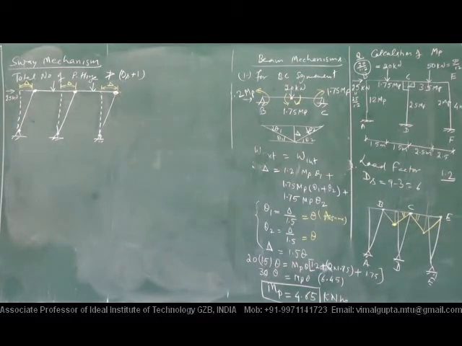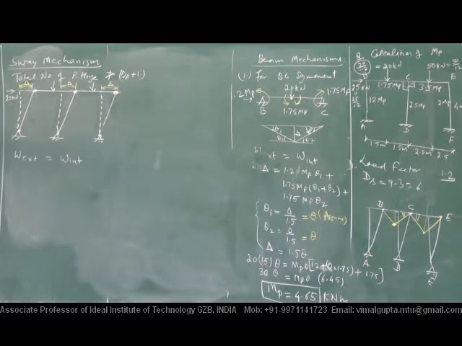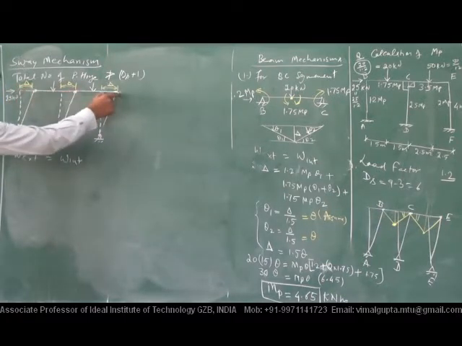Apply equilibrium, apply W external equals W internal. So what will be the value of external work done? 25 into delta. Is it 25 into delta plus delta plus delta, meaning 25 into 3 delta?